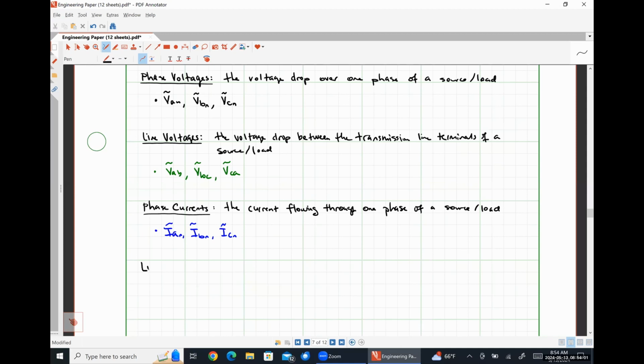So a line current is nothing more than current flowing through each phase of the transmission line network.